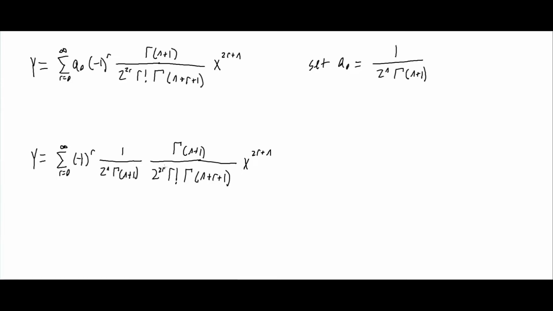So the thing to notice here is that this gamma will cancel with this one. This 2 to the n and this 2 to the 2r power will become 2 to the 2r plus n, which is the same exponent that we have there.